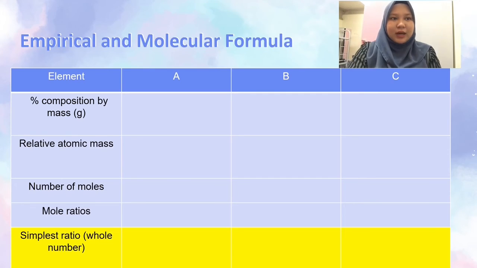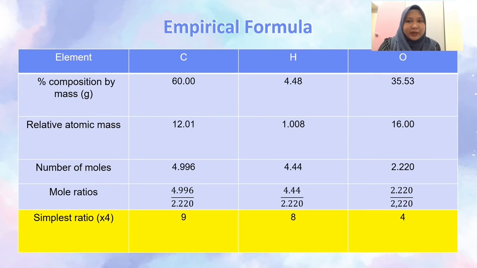This is how to find the empirical and molecular formula. First, make a table: elements A, B and C, percentage composition by mass in grams, relative atomic mass, number of moles, mole ratio, simplest ratio, whole number. This is how to get the empirical formula.